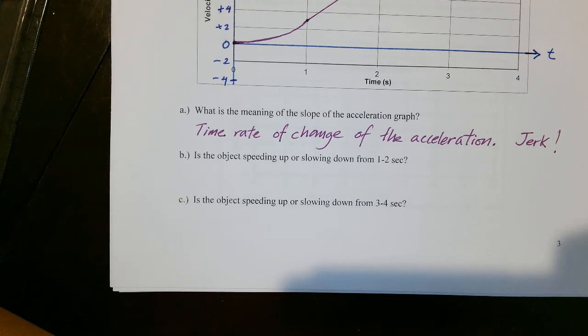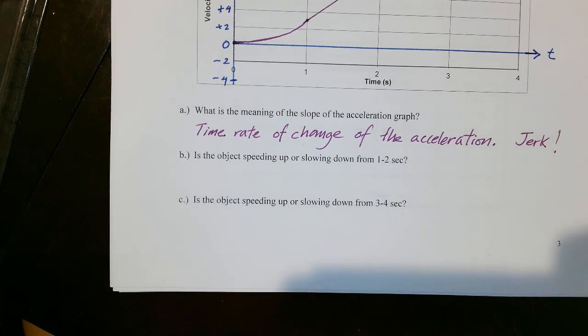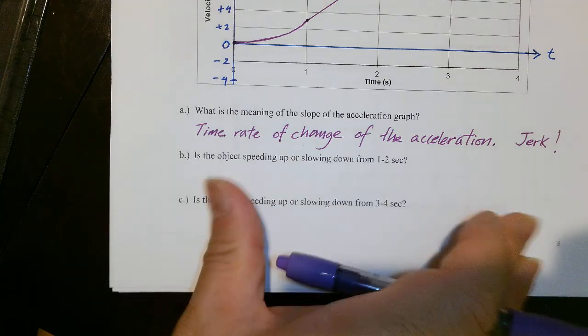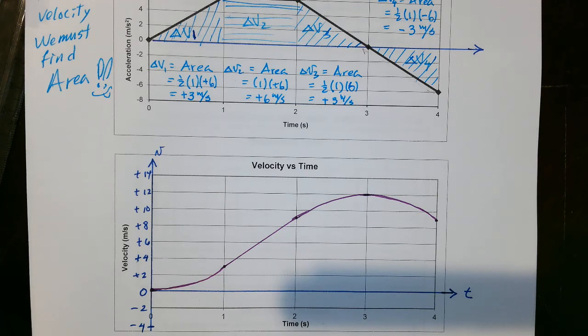Is the object speeding up or slowing down from 0 to 1 second? From 0 to 1 second, is the object speeding up or slowing down? Now you can look at either one of these graphs to answer that question. The easiest one will be looking at the velocity graph.